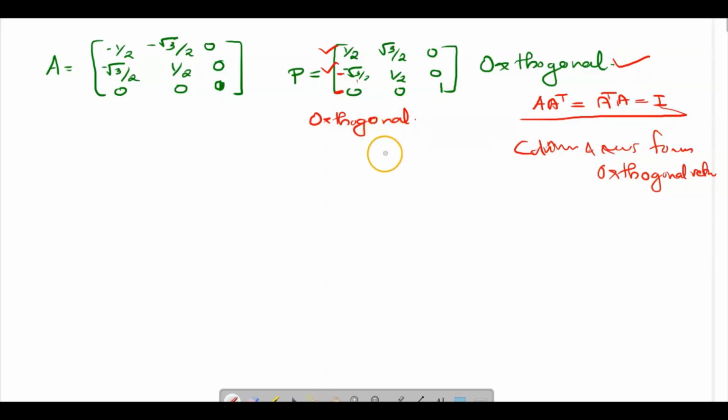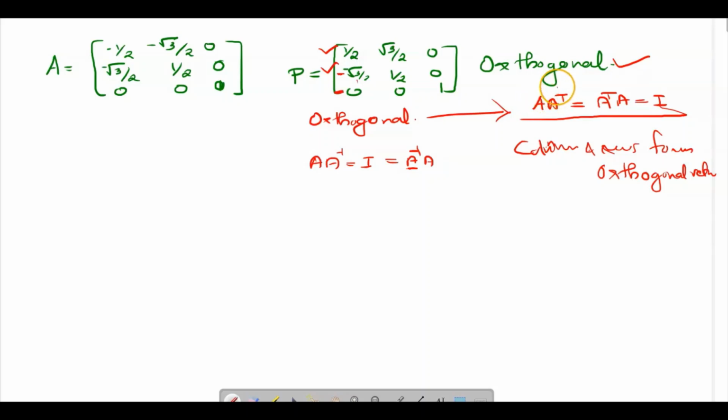Now it is easy to find the inverse of an orthogonal matrix. An orthogonal matrix always satisfies A into A transpose equals A transpose A equals identity. We know that the inverse satisfies A into A inverse equals identity, or A inverse A equals identity.